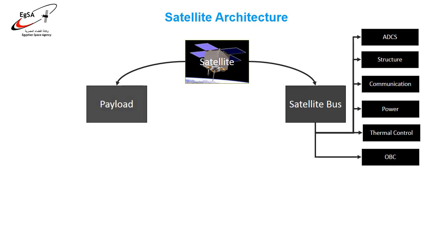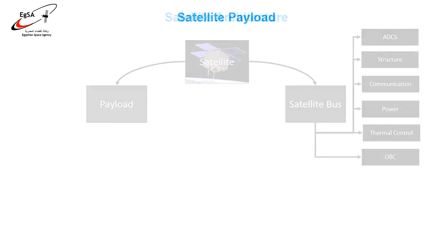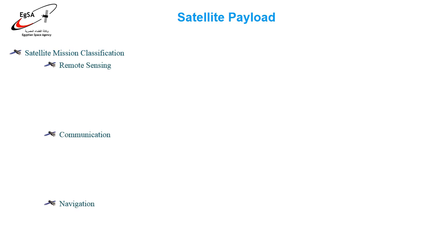Now we start with the payload. As we mentioned before, the payload is dependent on a satellite's mission. In order to explain the different types of payloads, we have to first discuss the different types of satellite missions. A satellite mission could be remote sensing, communications, or navigation.